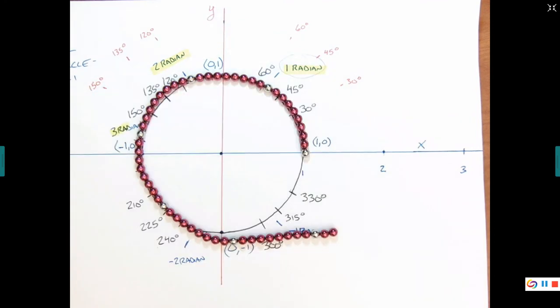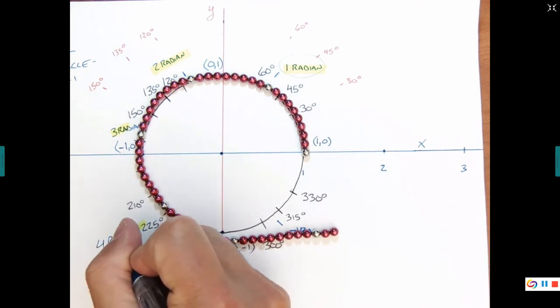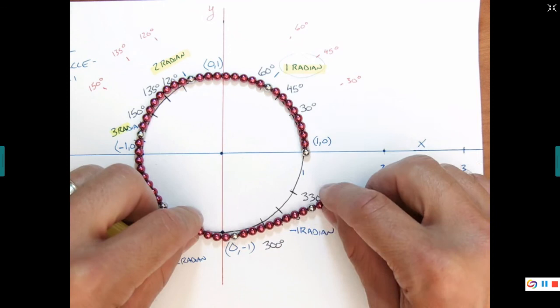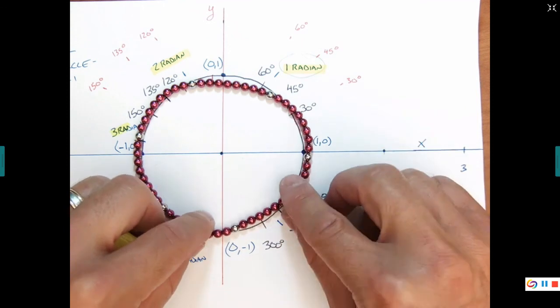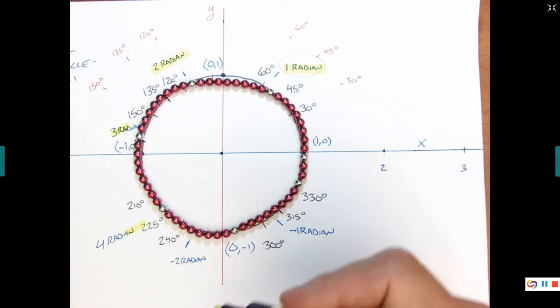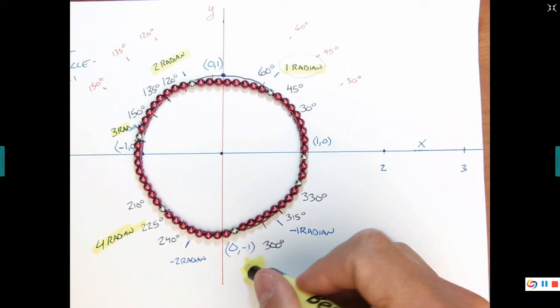Now as we map ourselves around, we found ourselves with 3 radian right here. We didn't quite touch that x-axis. And now we have 4 radian right here, which I did not write down, but maybe I should. 4 radian right in here. Now let's go ahead and we'll let those snap together. There we are. And what I see happening here is, there was 4 radian. Here's 5 radian right here.